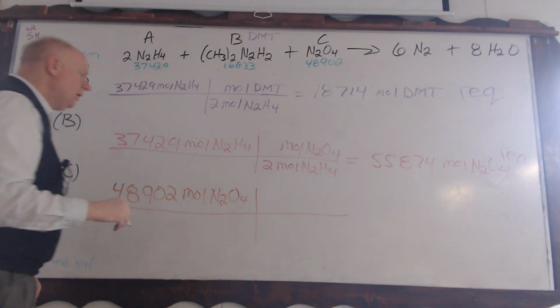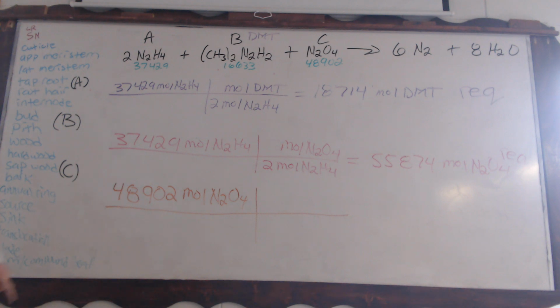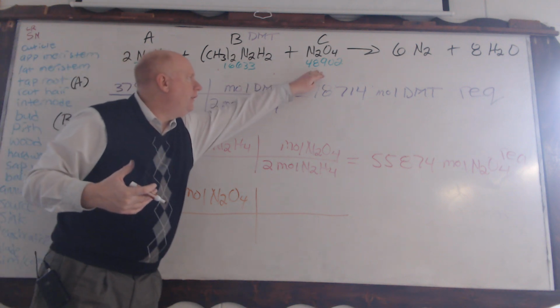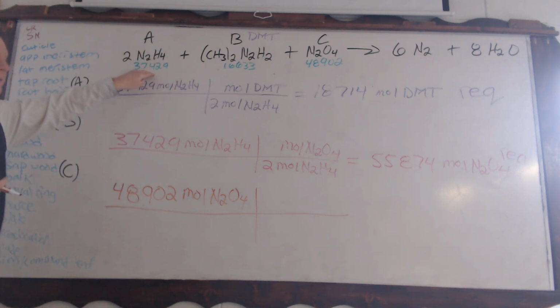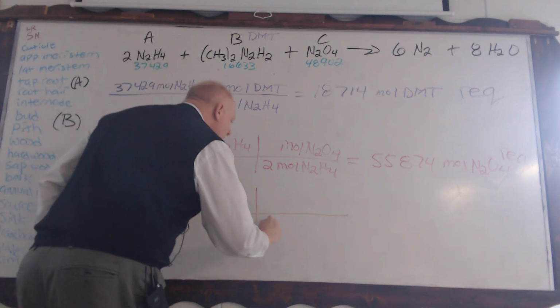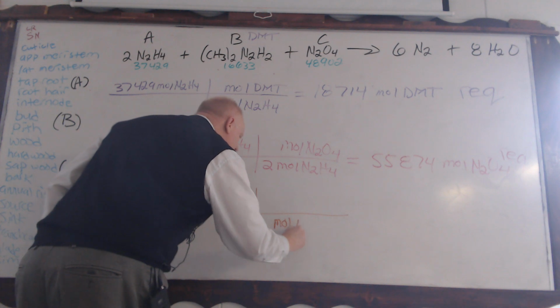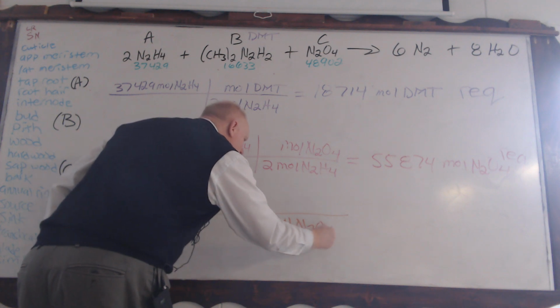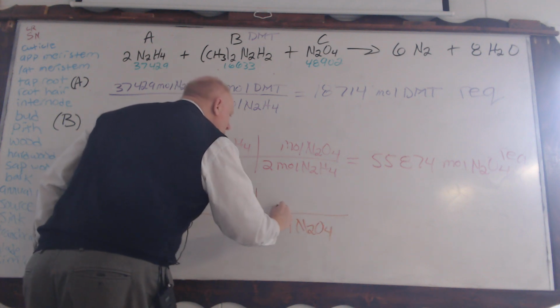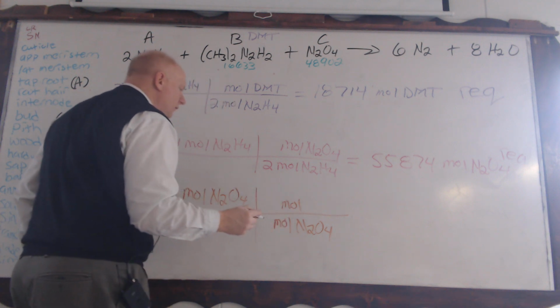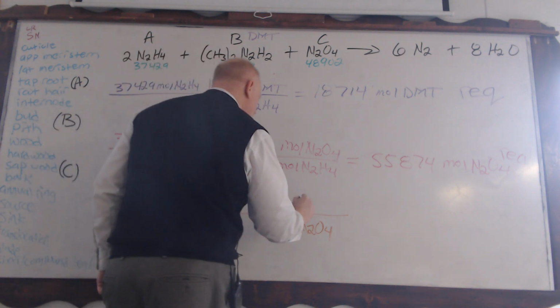What is our next step to get from moles of this to moles of that? Moles of C on the bottom. So that would be moles of N2O4, and then moles of what? N2H4.